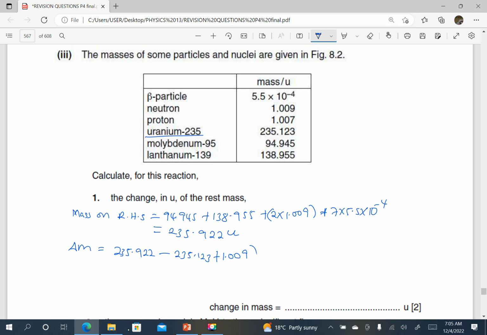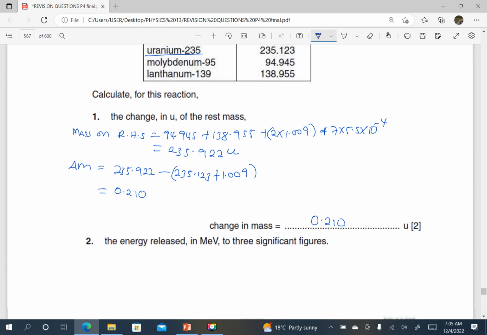That is the total mass on the left hand side. So we subtract. You don't mind about the negative, you are just getting the difference in mass. So the answer is always positive. So the difference in mass is actually 0.210 u. So that is 0.210 u to three significant figures.